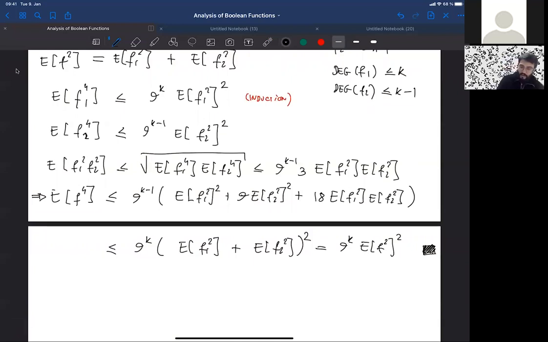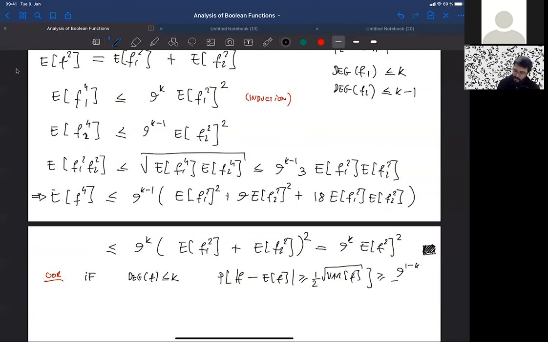Okay, so as a corollary of this lemma, we have that if the degree of f is less or equal than k, then the probability of f minus its average being greater or equal than a half its standard deviation is greater or equal than 9^(-k) over 16.